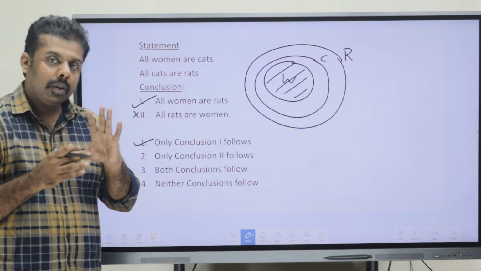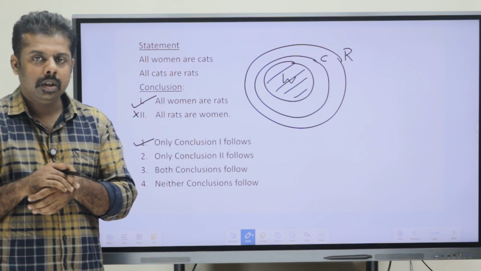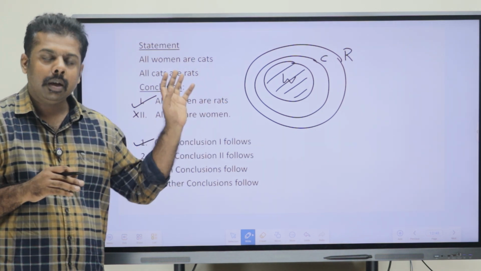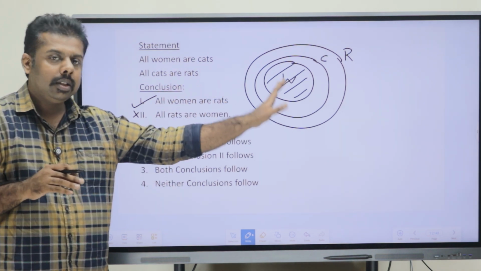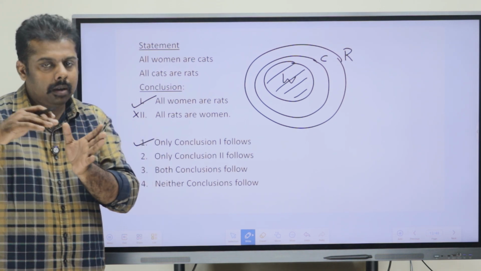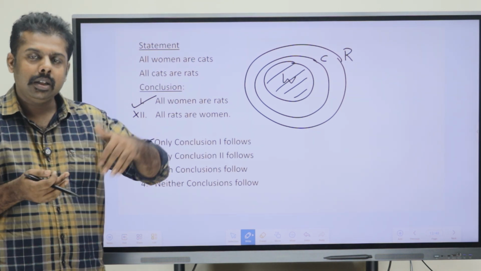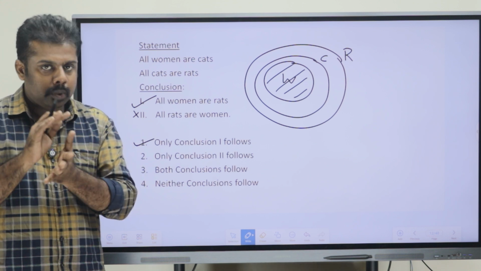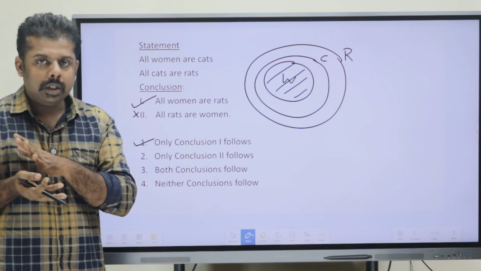So make sure that you get the idea. That is very crucial in case of syllogism, and also try to make up for it: if you are saying this conclusion is right or this is wrong, you have to be able to give the reasoning of why it is wrong and why it is right. If you are able to do that, this syllogism topic will become a bit easier.